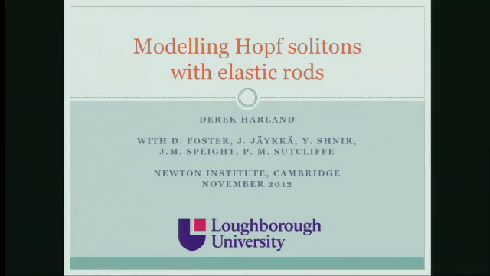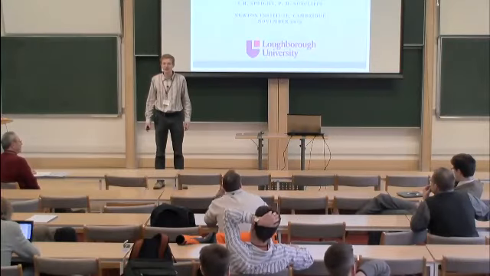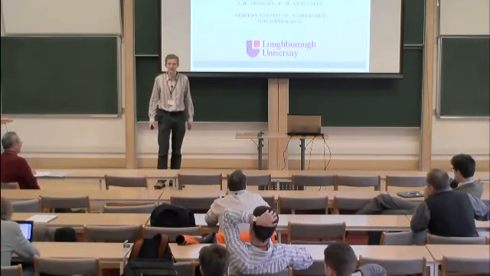So the work I'm going to describe today is really a connection between two different areas, both of which have featured in this conference. The first area is the idea of classical field theories, and particularly solitons and topological solitons in those theories.